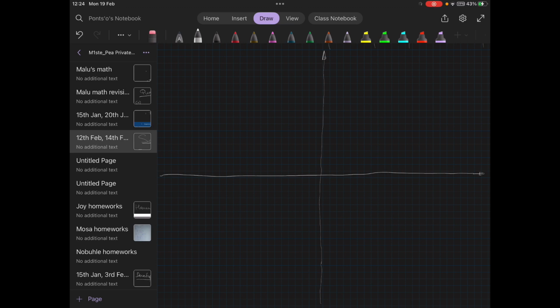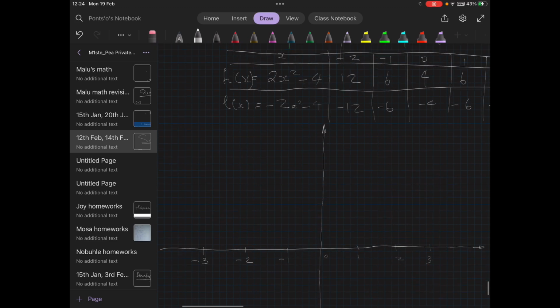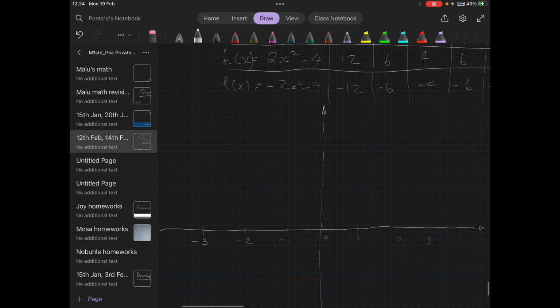That would be 1, 2, 3, negative 1, negative 2, negative 3. And that's 0 there. So our maximum value goes to 12 for h of x.